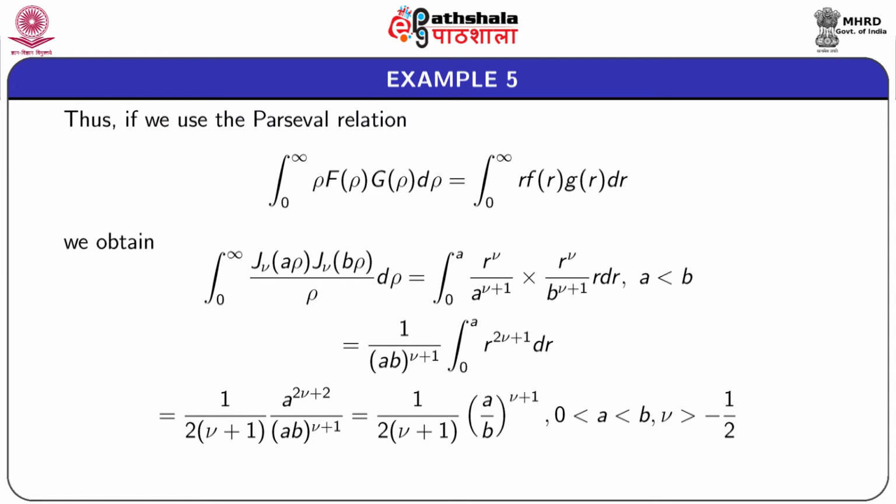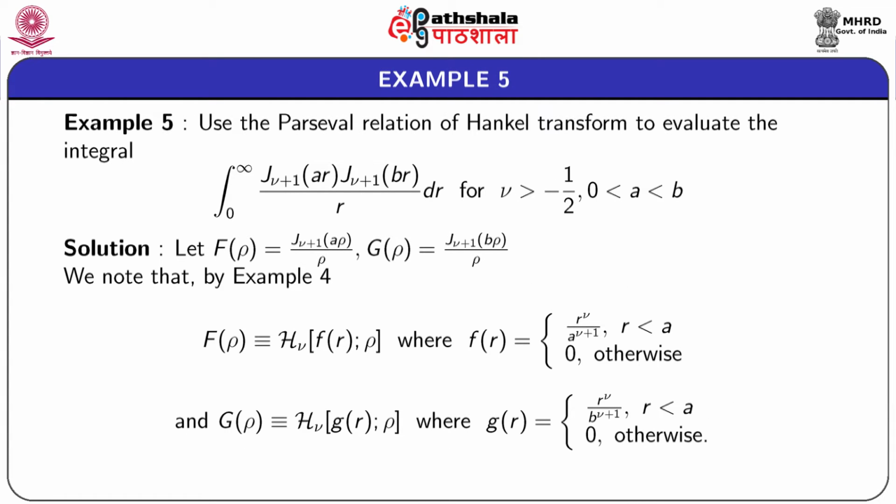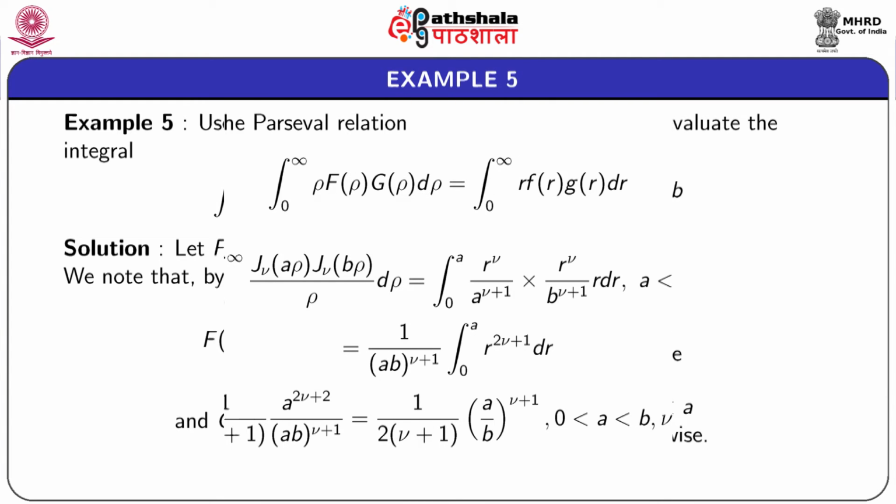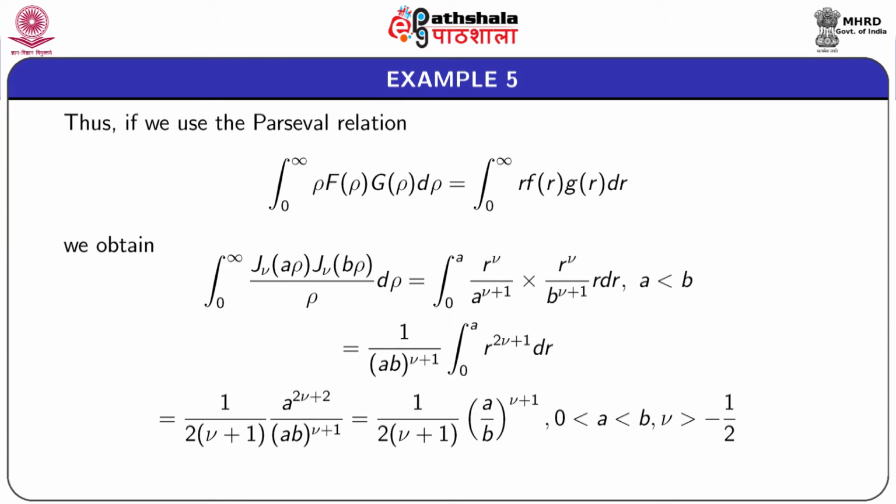We substitute here for capital F rho and capital G rho defined here to obtain integral from 0 to infinity J nu a rho into J nu b rho divided by rho d rho.